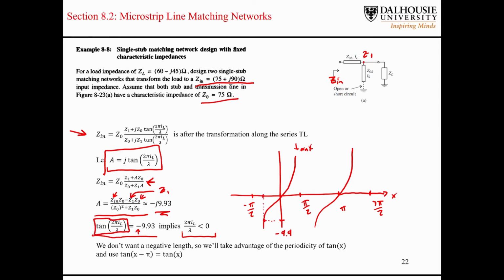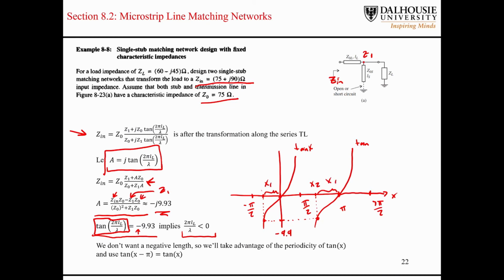So if we use the tan of x given by this expression here, then essentially what we find is this x value here, which in this case is going to be negative, as you can see. So instead, what we want to do is figure out this x value. So in order to figure out what that value is, we know that the distance from here to here is going to be, let's say, x1, and this distance here is also going to be x1.